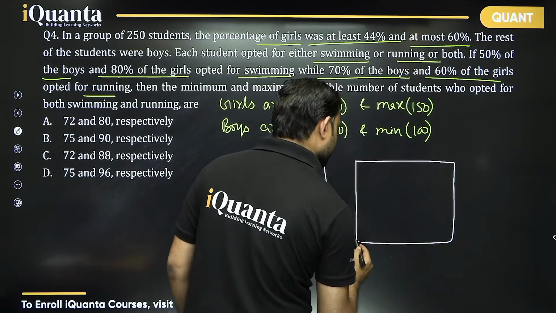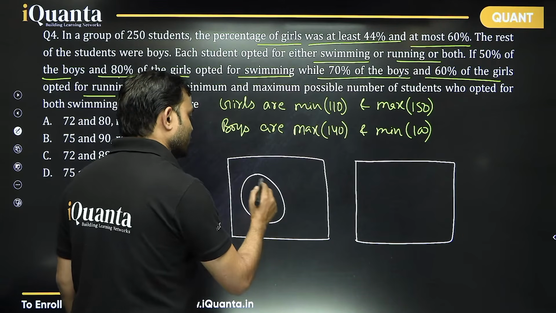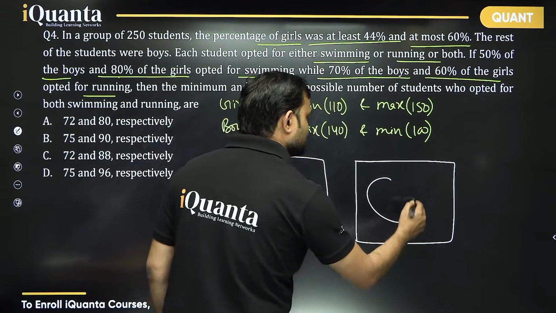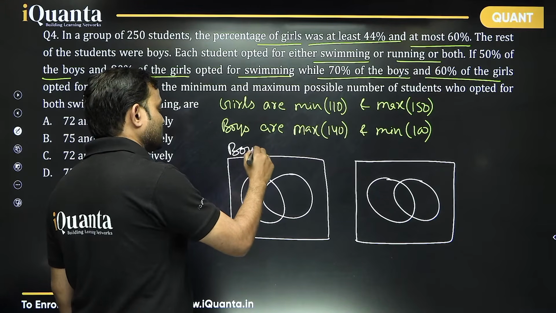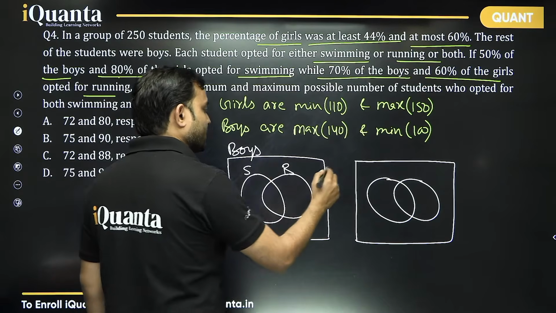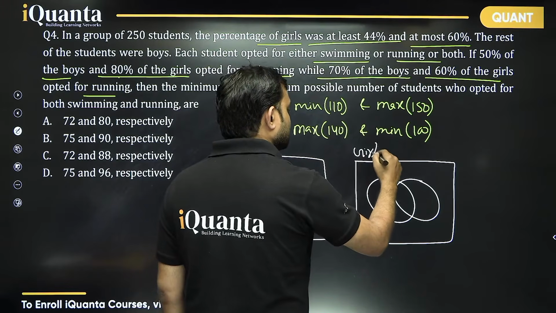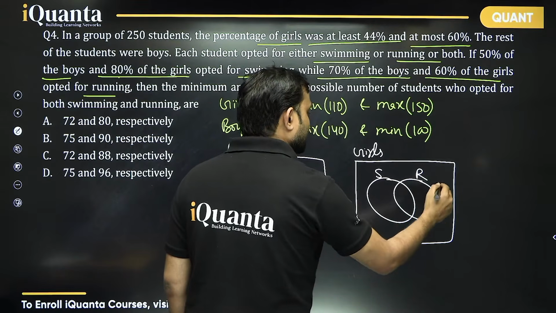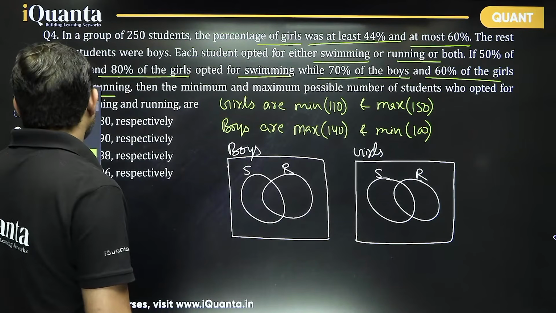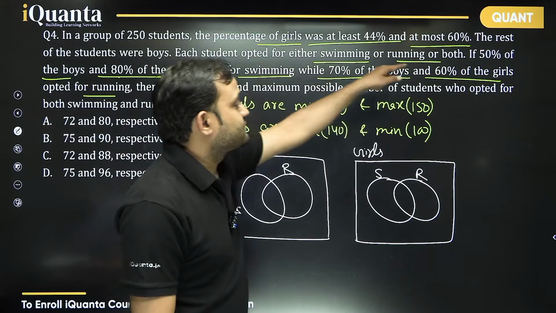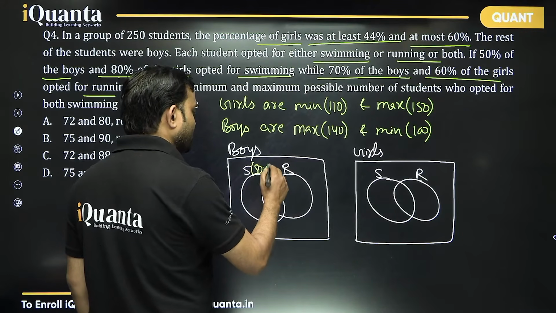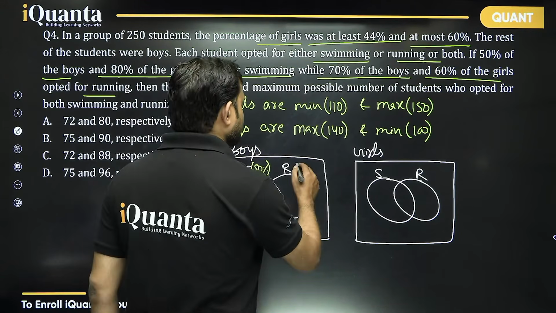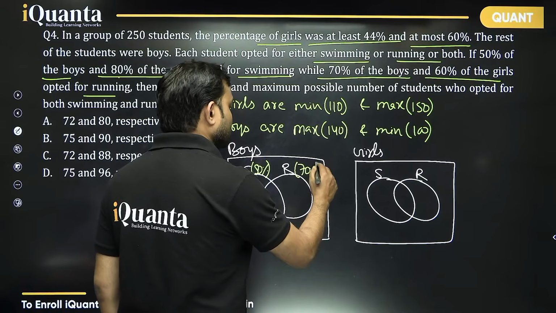We need to draw two different Venn diagrams, one for boys and one for girls. So let's draw it. For boys, swimming, running, girls, swimming and running. Now, in case of boys, 50% of the boys are involved in swimming, and 70% of the boys are involved in running.